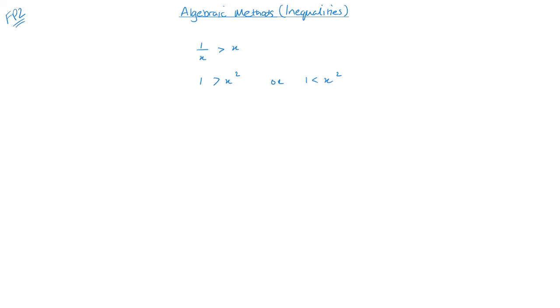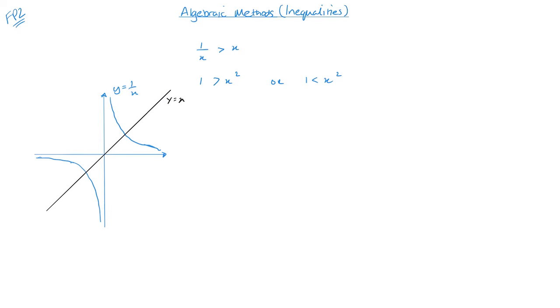Let me just sketch this graph to show you. Here I've sketched the graph, and at the points where they meet, this is when x is 1, and this one when x is -1. So where the curved graph, 1 over x, is greater than the x graph, is going to be in two different places.